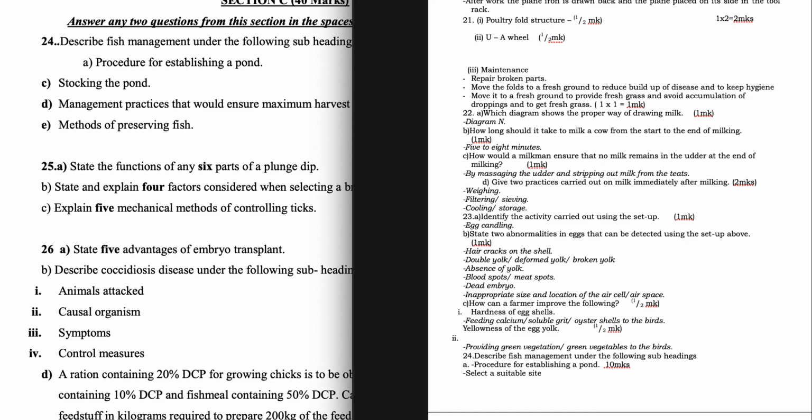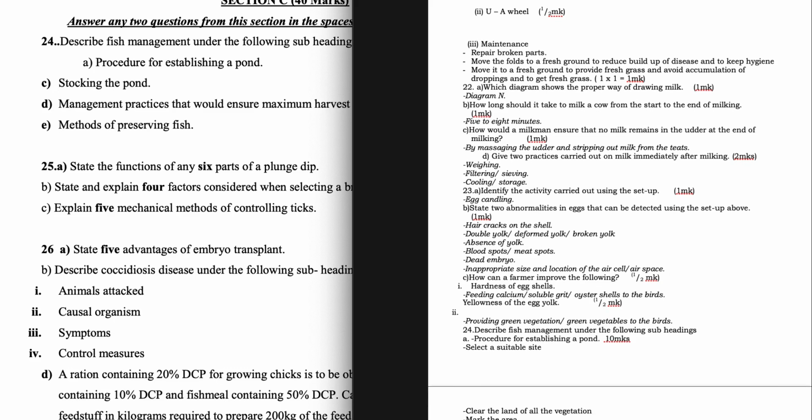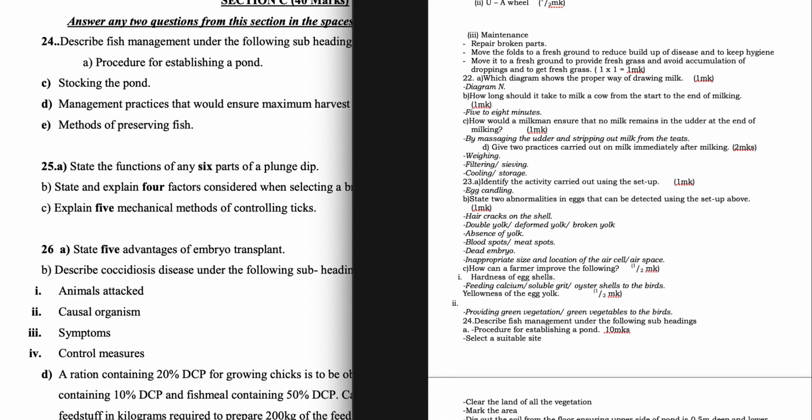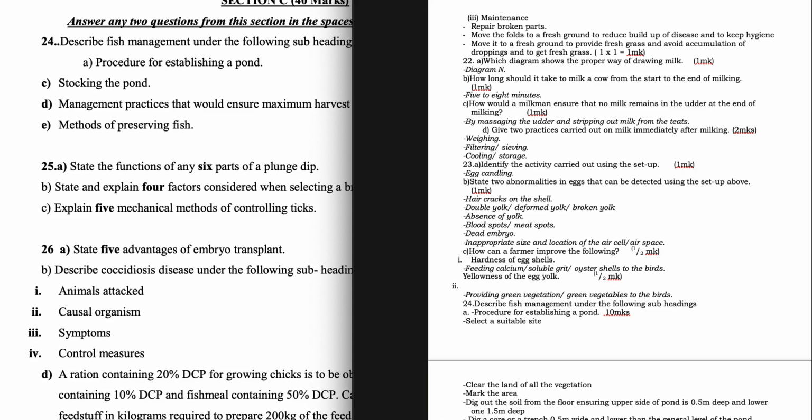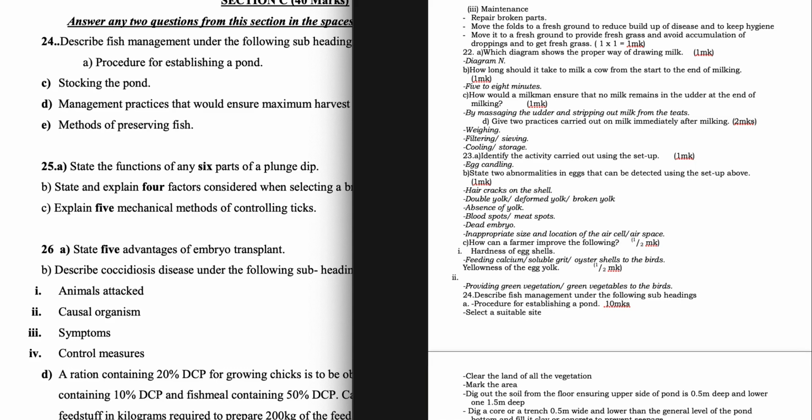So number 1 is, the procedure is you select a suitable site, you clear the land of all vegetation, you mark the area, that is, you dig out the soil from the floor, ensuring the upper side of the pond is 0.5 meters deep and the lower one is 1.5 meters deep.